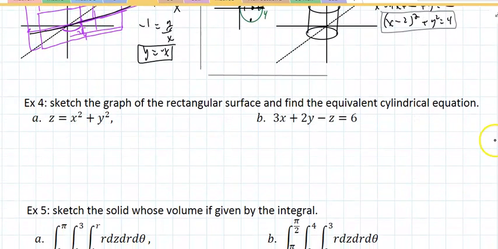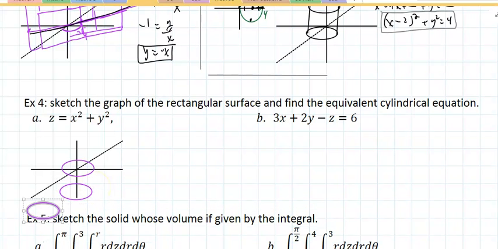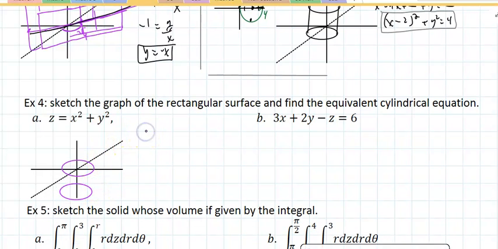Sketch the graph of the rectangular surface and find its equivalent. So the goal here is the graphing. Can I sketch a graph of this? Well, yeah. z equals x squared plus y squared. Oh, take that back. z equals x squared plus y squared.